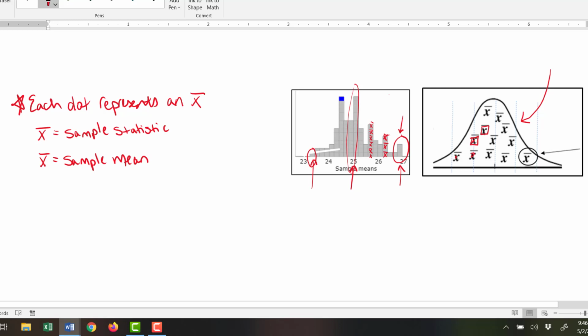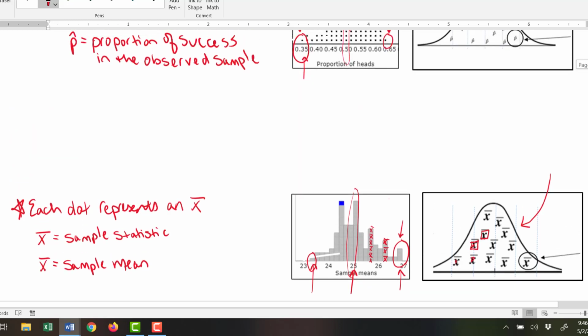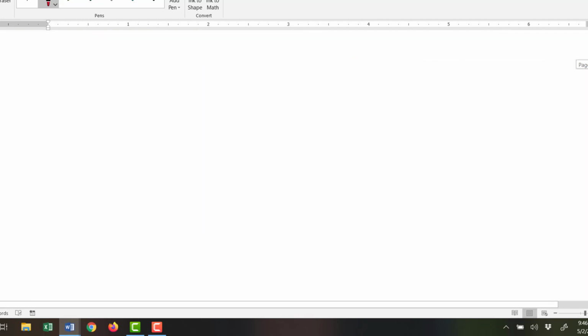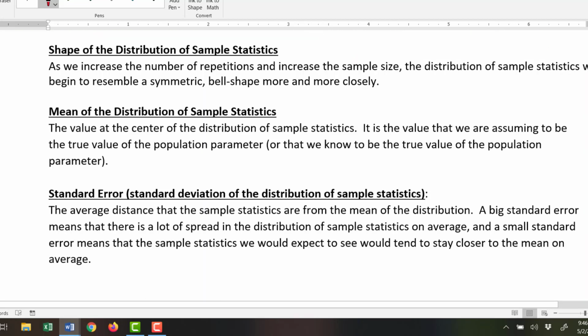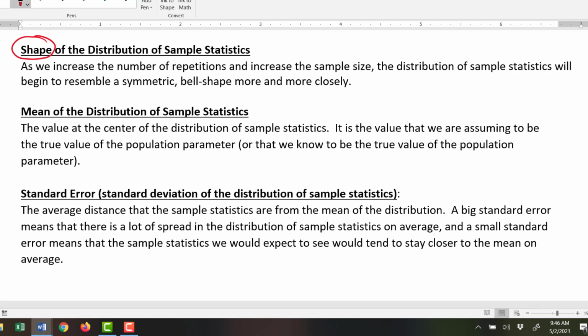Next, let's consider in general then what these distributions' features are. So first, you'll notice the shape of the distribution of sample statistics. As you increase the number of repetitions, that is, the times that you actually go out and collect a sample and jot down the p-hat, and then collect another sample and plot the p-hat, and collect another sample and plot the p-hat, the more you do this, the more your distribution of sample statistics will begin to resemble a symmetric bell shape.